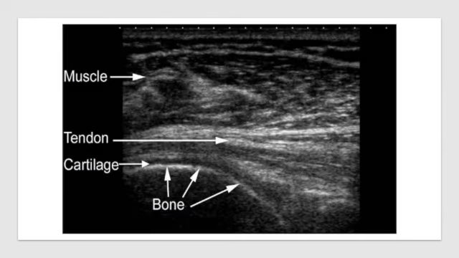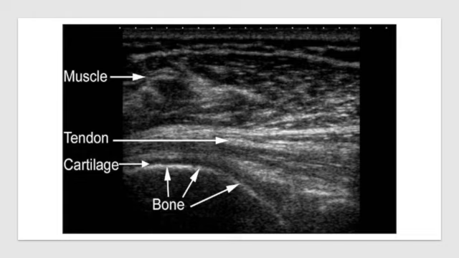This is another picture of an ultrasound, just to give you another idea of how structure can look. Take a look at that muscle. That muscle is hypoechoic in reference to the tendon. The tendon is hyperechoic. The cartilage is hypoechoic. The bone interface is hyperechoic, but below that bone, the subchondral area is anechoic.